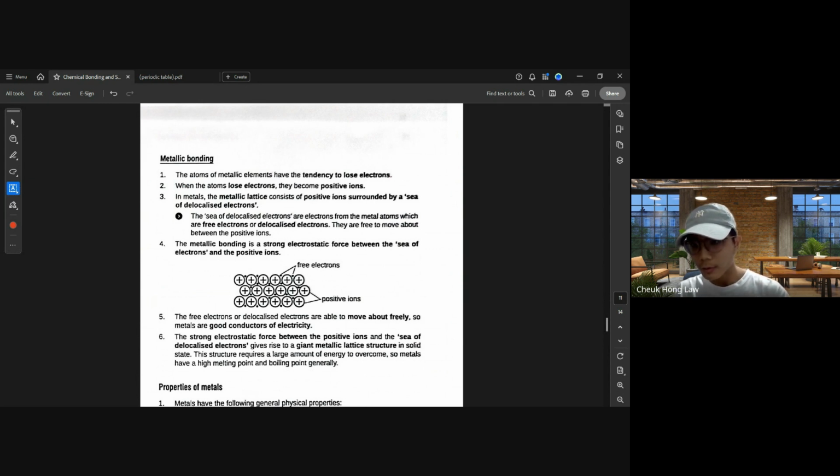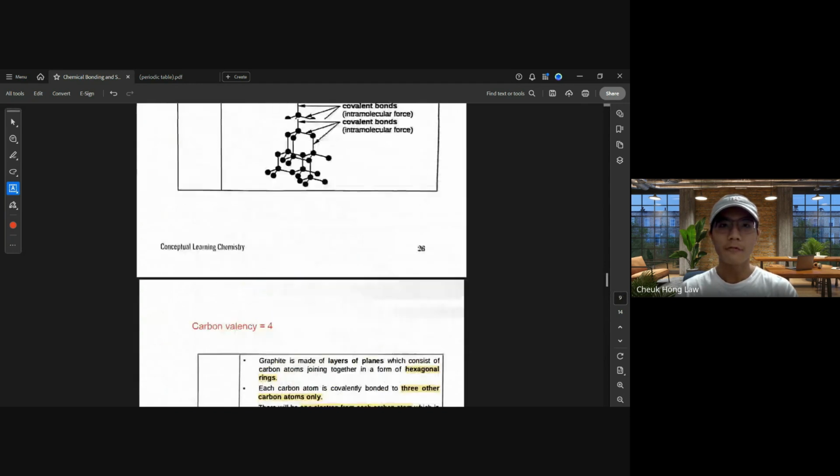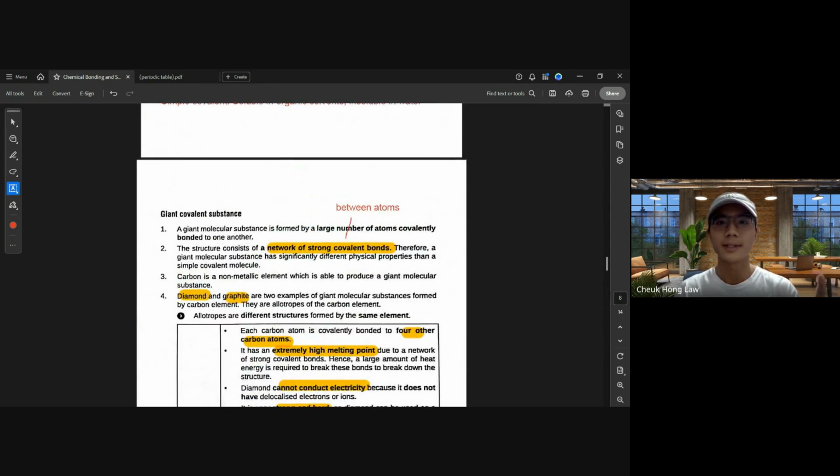Okay, will any of the questions ask us about similarities between graphite and diamond? Your question is almost the same as, are there any similarities between giant covalent compounds? Of course there are, right? If we look at the notes, graphite and diamond are both giant covalent substances.